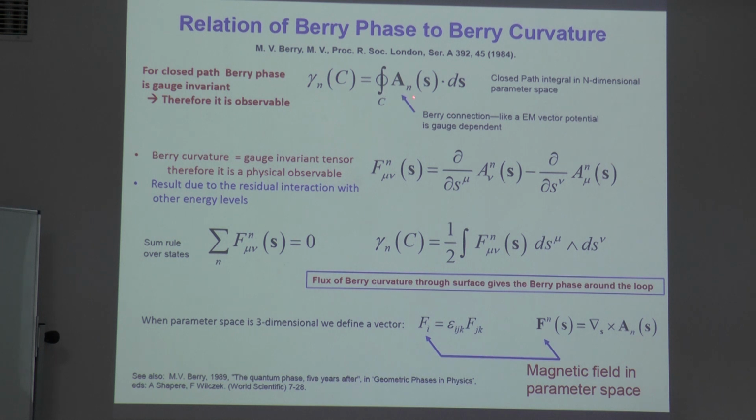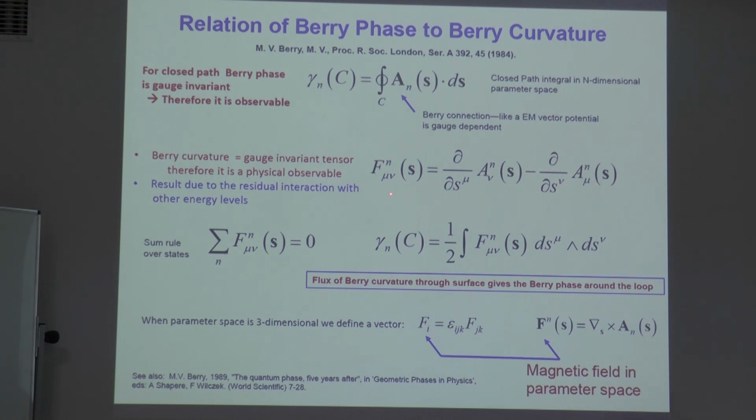So we saw that the Berry connection integrated around a closed path gives you this physical observable, the Berry phase. But you can also define a Berry curvature for the nth band, and this is the nth component. It's the derivative with respect to mu of the nth vector potential minus the reverse of those.